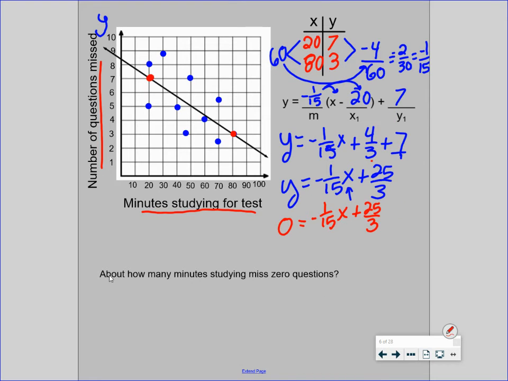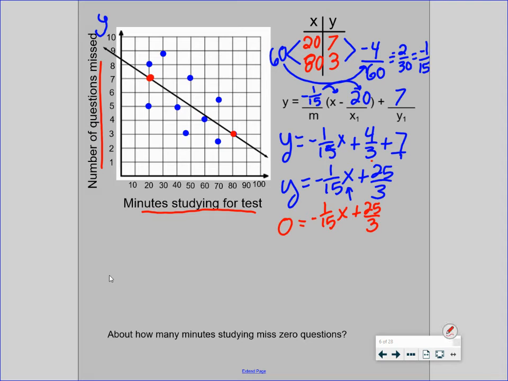You're welcome to use your calculator. But I'm going to go through here and do it so we can get some fraction practice. So we're going to subtract 25/3 from both sides because we're solving for x.